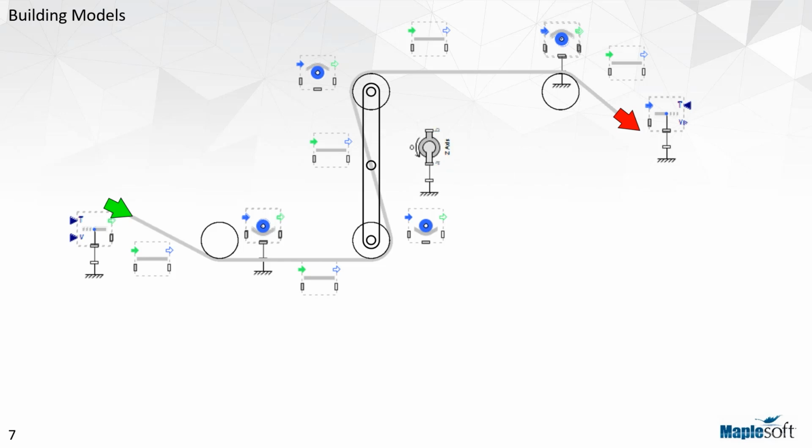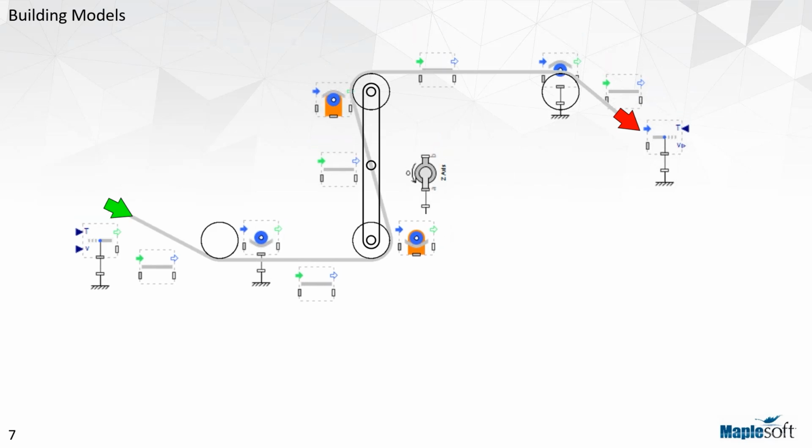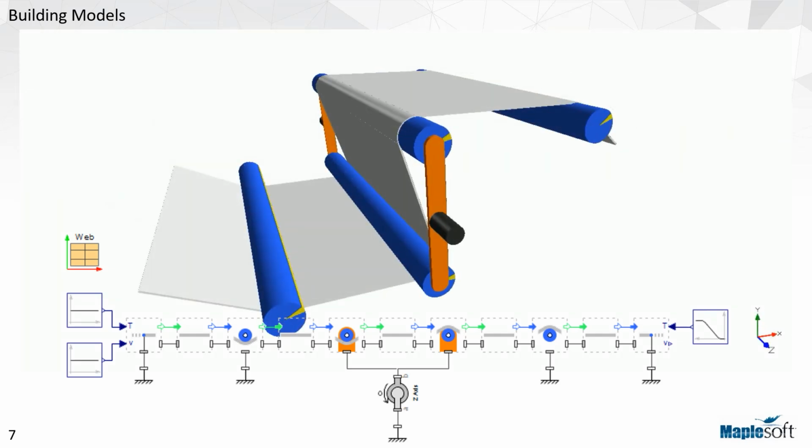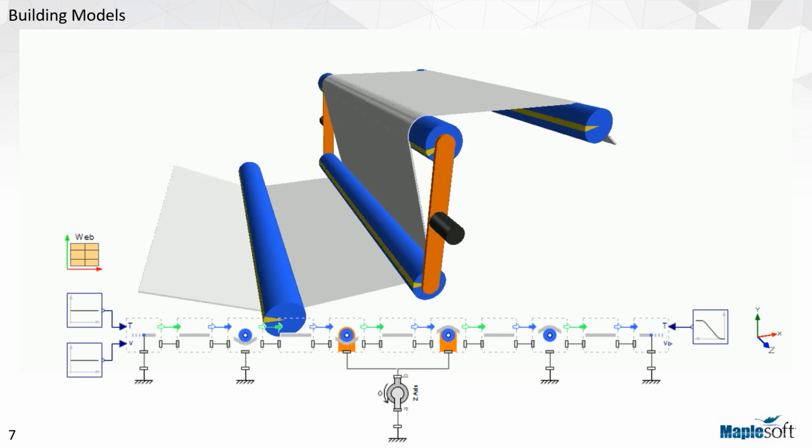And then since we have a rotational dancer, we're adding in a revolute joint and adding some frames to these other rollers, connect it all together, and we have our rotational dancer. Of course, with signal input as well to our source and sink. And then you can get your 3D visualization of your system.